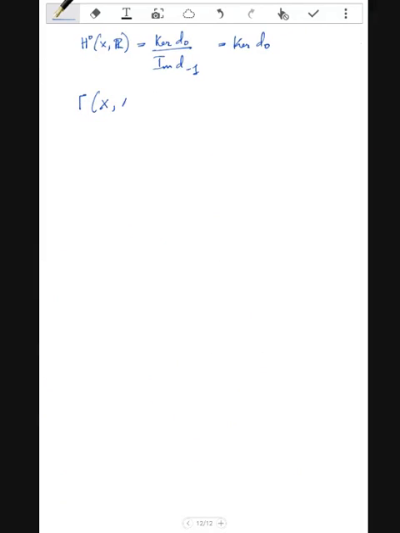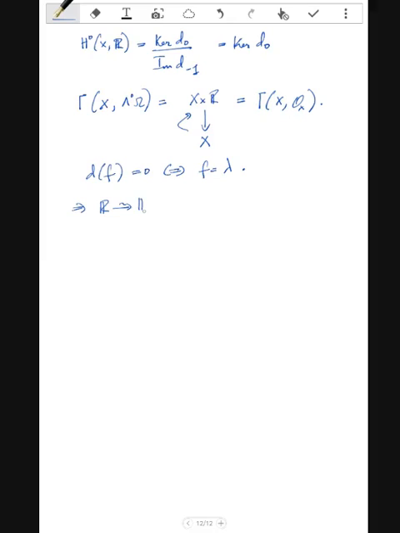So gamma of omega 0 is just equal to sections of the trivial bundle, and this is just equal to smooth functions. And from what we just observed, d of f is equal to 0 if and only if f is constant. So this proves that there's a natural map from R to H0 x R, and that's an isomorphism. So I leave this as an exercise.